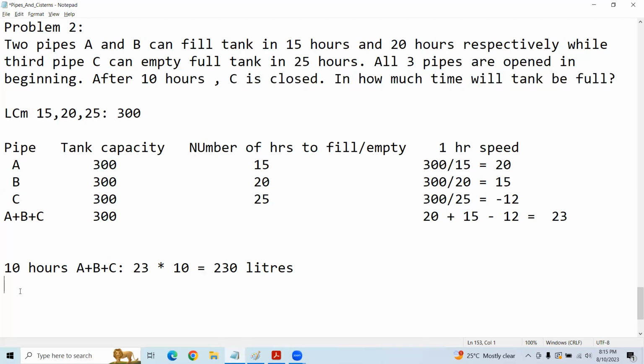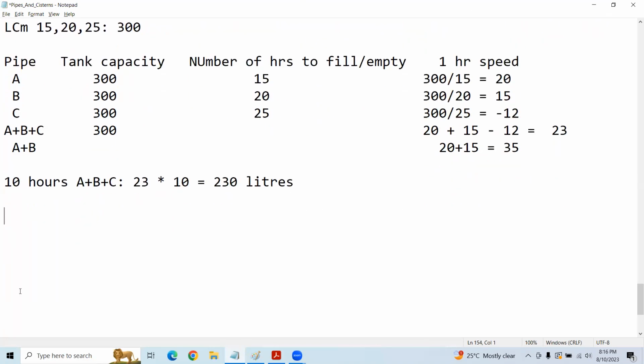Now, if C is stopped, only A plus B is remaining. What is the A plus B speed? 20 plus 15 is equal to 35. So the 1 hour speed for A plus B is 35. And what is the remaining water, like how much water we still have to fill? 300 minus 230, because the original capacity was 300 and 230 is already filled.